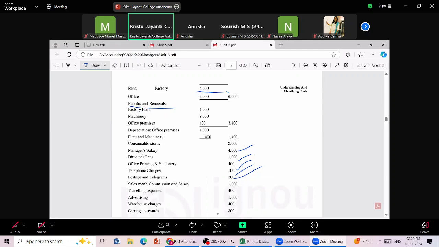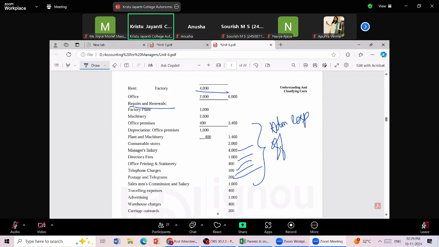If you don't categorize direct and indirect, no problem. But anything connected to office, anything connected to administration, you need to record under administration. So you will add this all under office or administration expenses. So this is added. Now what you get will be your cost of production.